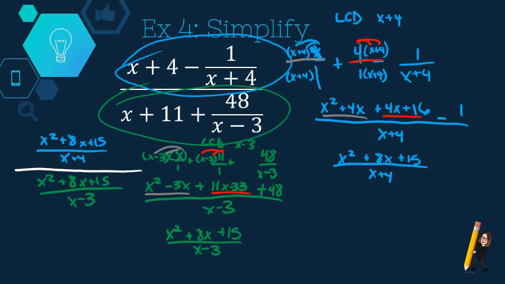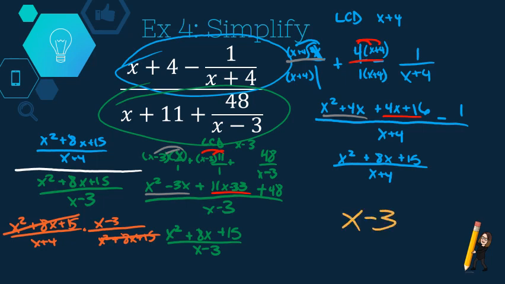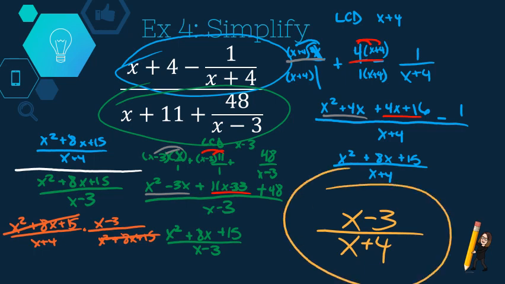If I multiply the numerator by the reciprocal of the denominator, I don't even need to factor, you guys. The whole trinomial is the same as the whole trinomial, which means that all cancels, and I'm left with this simple fraction of x minus 3 over x plus 4.